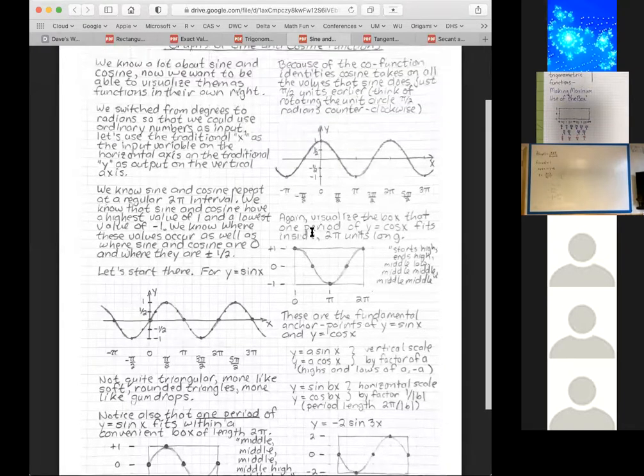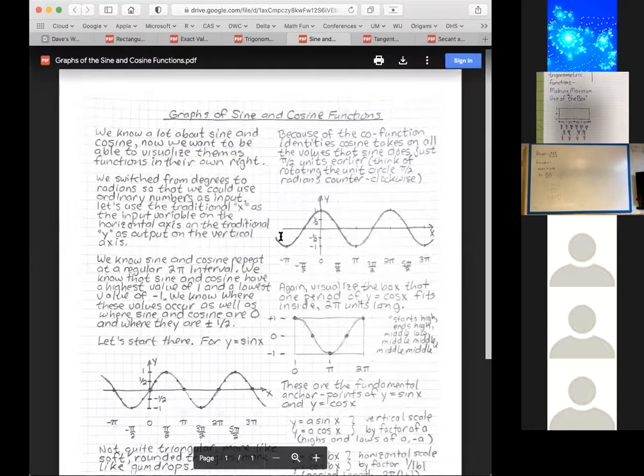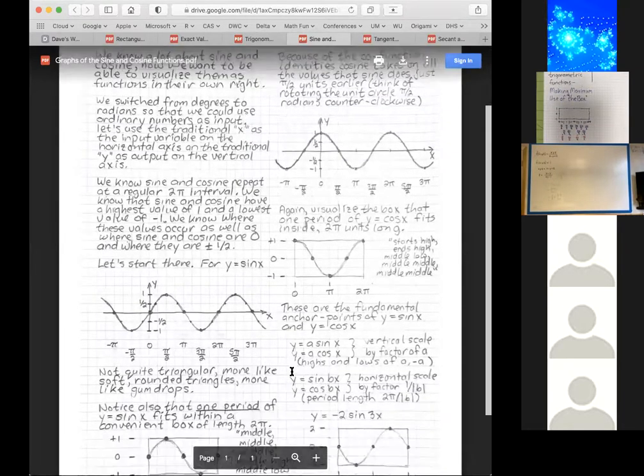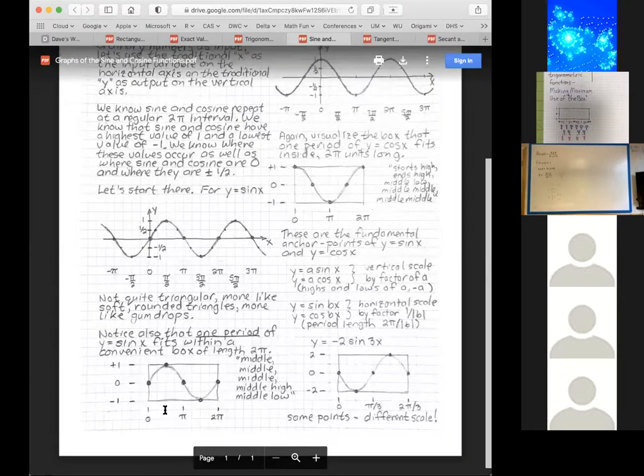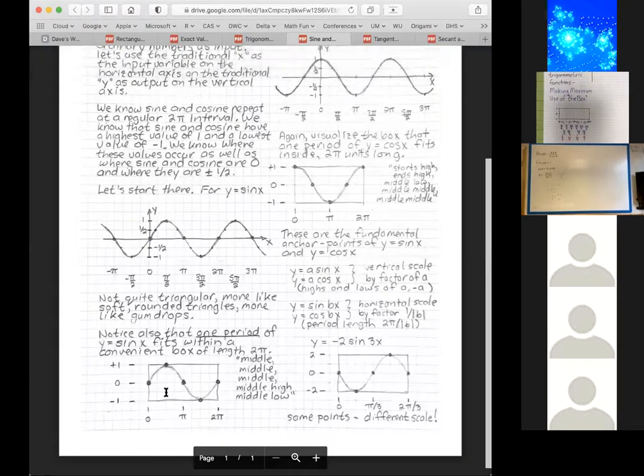And I showed you this explanation last week. This is an organized way to draw sine and cosine. What I want to show you is that if we expand the boxes a little bit wider and cut things by 6, then it'll give you a very nice way to add easy dots to this graph.